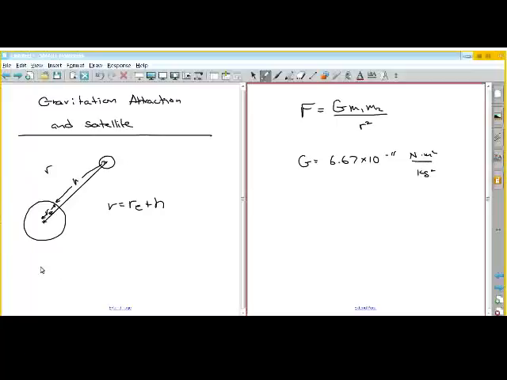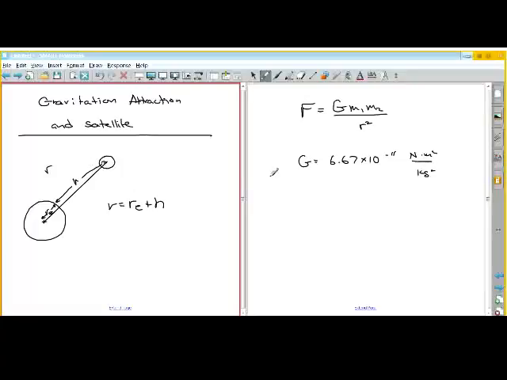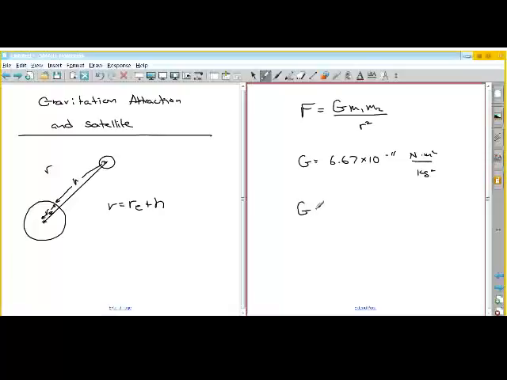So when you have a planet or a satellite, or a moon orbiting something else that's large, you have a balance between the force, which is the gravitational force, and the centripetal acceleration. So we have the force, which is G m1 m2 over r squared, using Newton's second law.